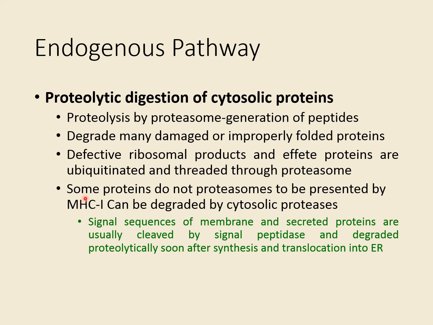However, there are some proteins which do not need proteasomes or ubiquitination to be presented by MHC1 molecule. They can be degraded by the cytosolic proteases. For example, signal sequences of membrane and secretory proteins are cleaved by signal peptidases.